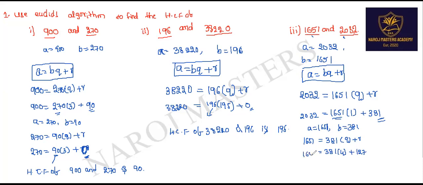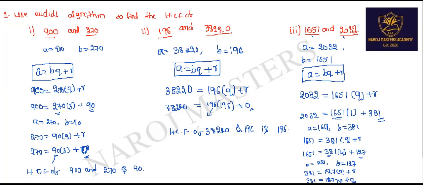So 127, that is equal to 1651. Again R is not equal to 0 here. So take again these two values. So here A is equal to 381, B is equal to 127. Okay, now substitute again. 381 is equal to 127 into Q plus R. How many times of 127 is equal to 381? 127 into 3 plus 0. 127 times 3 is equal to 381.